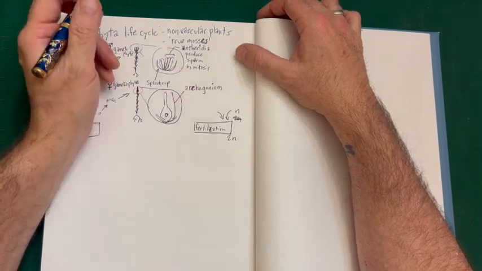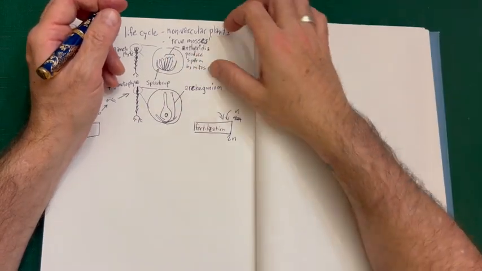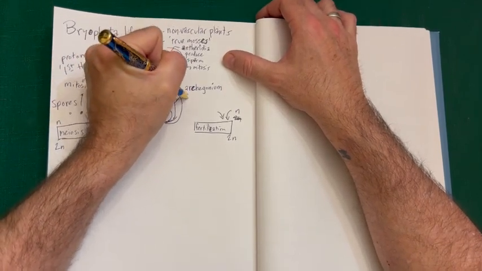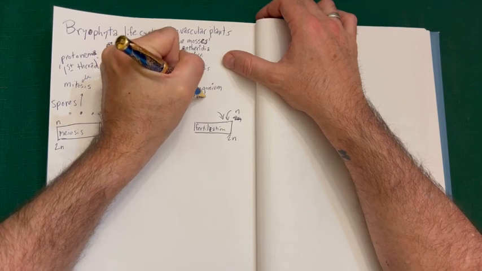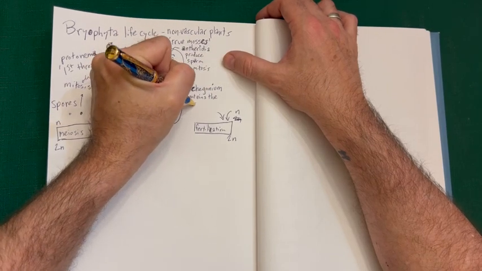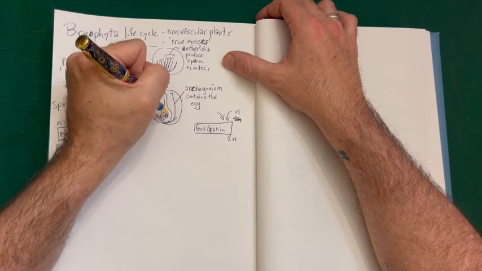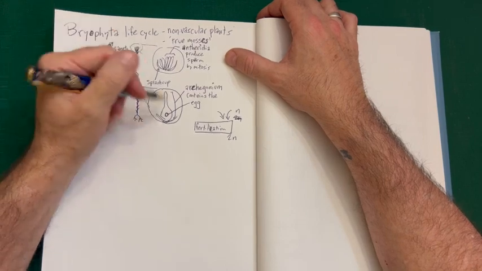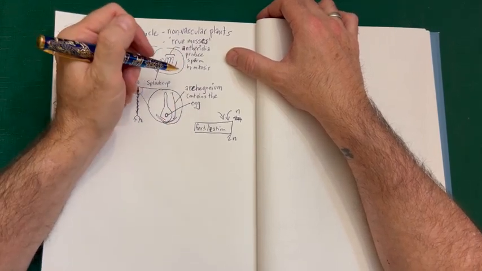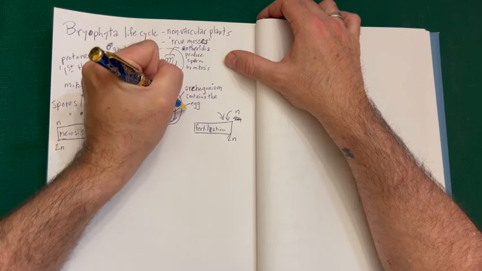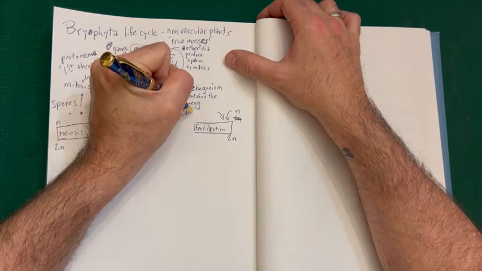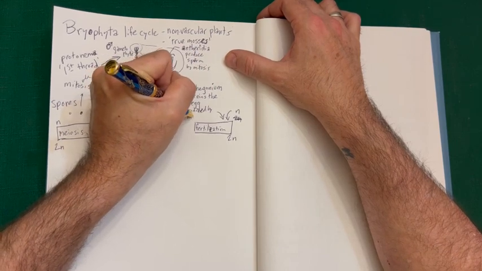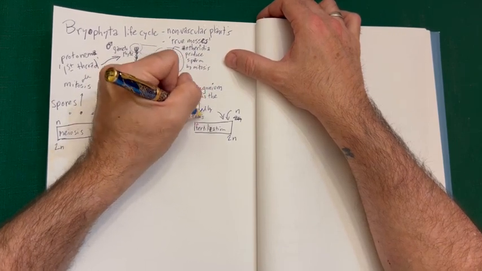And archegonia, we're going to see these in lots of plant phyla, but the archegonium produces and contains the egg. I'll just draw a line from this little circle, in there is the egg. And that's also produced by mitosis.